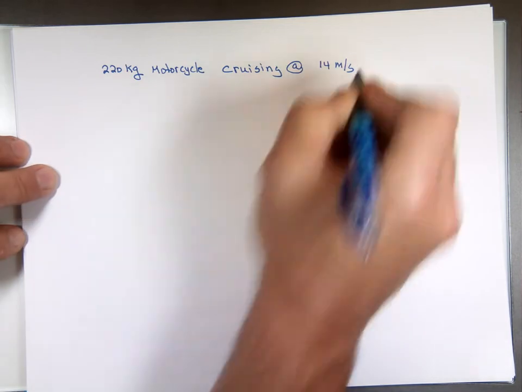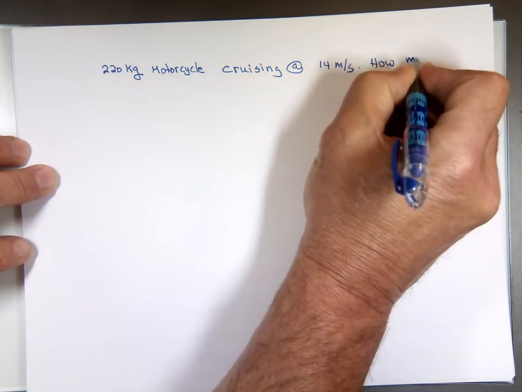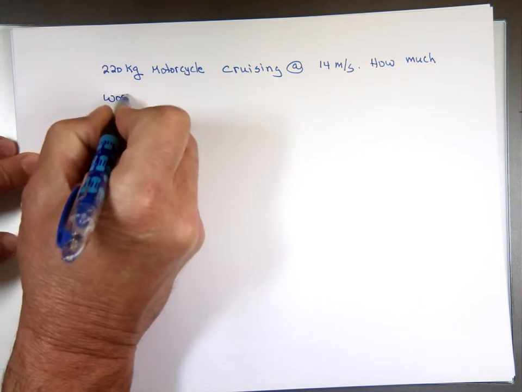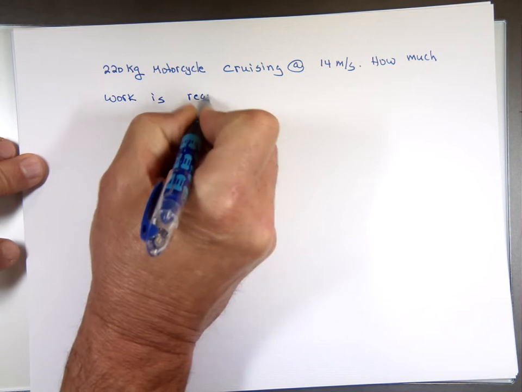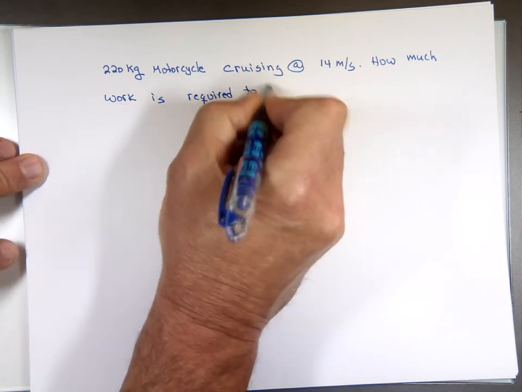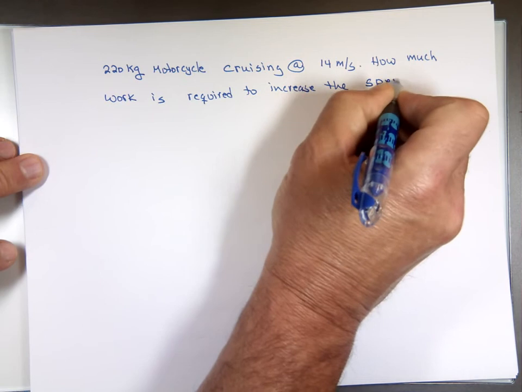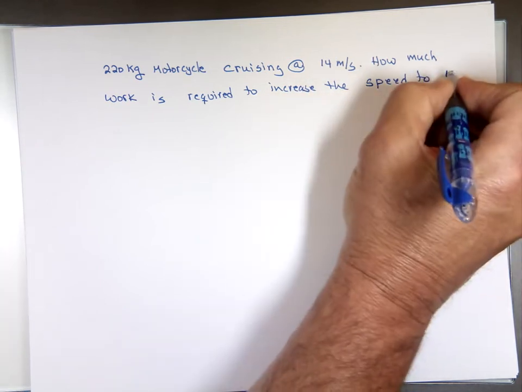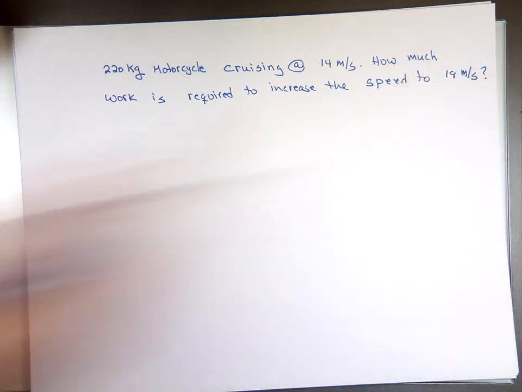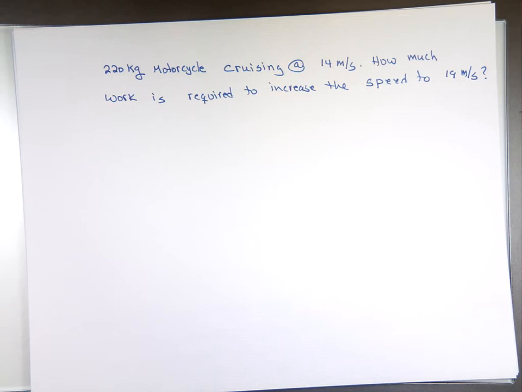And the question: what is the total work that must be done on the motorcycle to increase the speed to 19 meters per second? Again, you're going 31 miles per hour; 19 times 2.24 is roughly 43. So from 30 to 40 miles per hour.